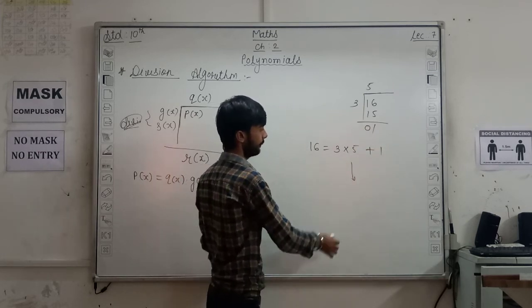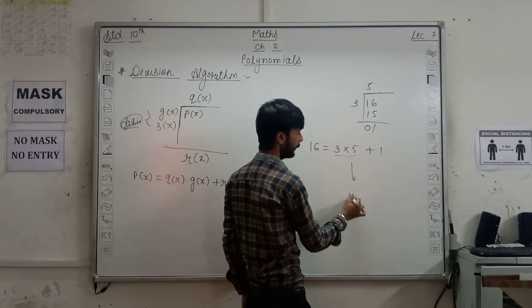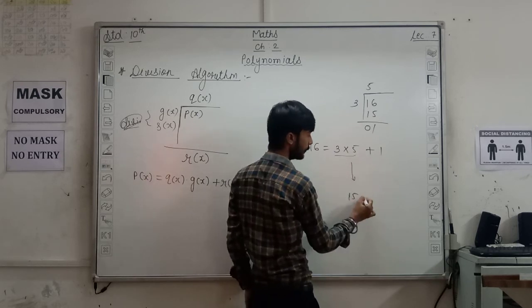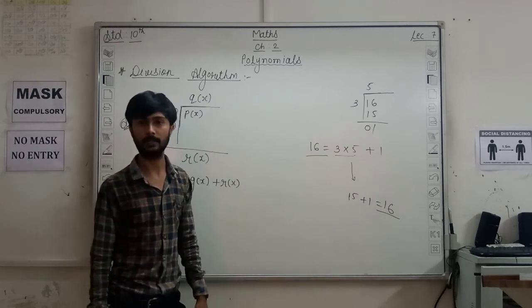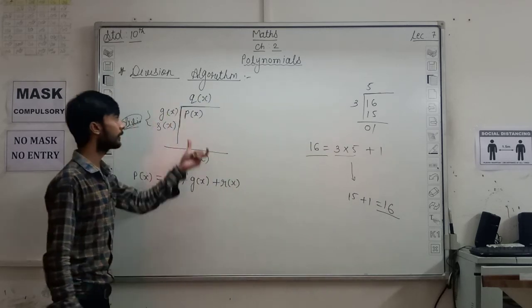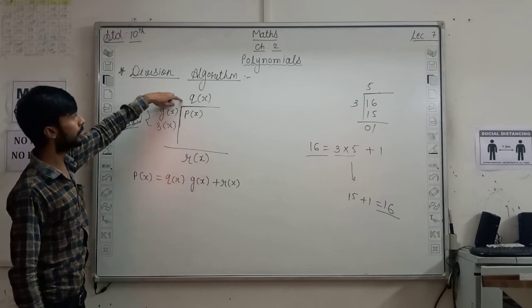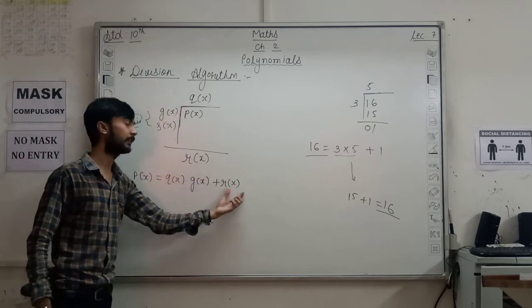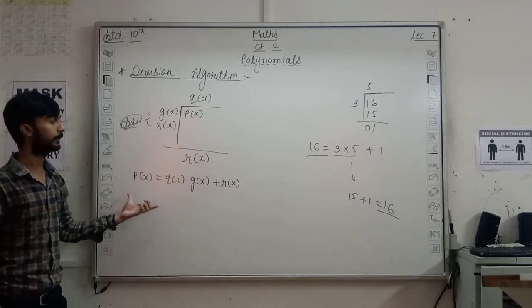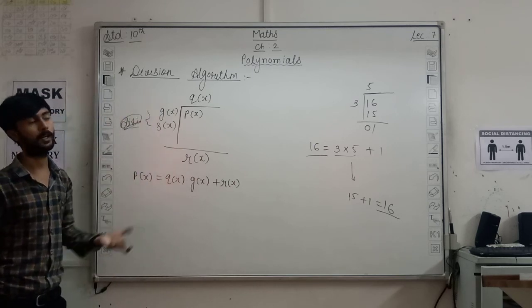Simplify this: 3 fives are 15, plus 1, so 15 plus 1 is 16. So you get 16 equals 16, right? So the dividend we can write in the form of quotient and divisor multiplication plus remainder. This is our division algorithm.